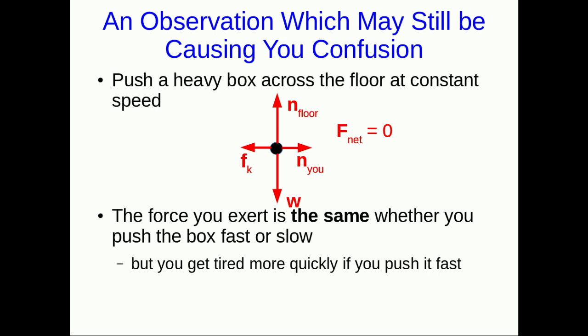And so it might be a little hard for you to believe that in fact the force you exert is the same whether you push the box fast or slow, because surely you would be getting tired more quickly because you're exerting a bigger force, right? That's sort of a logical thing to think, although it turns out to be wrong.